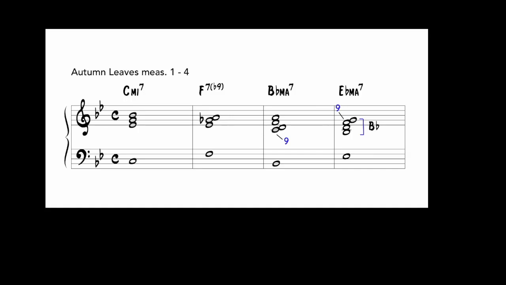For instance, if I would have played that was 1 major 7, 1 6. I could do the same thing, 1 major 7, 4 major 7. So that makes things much, much easier.